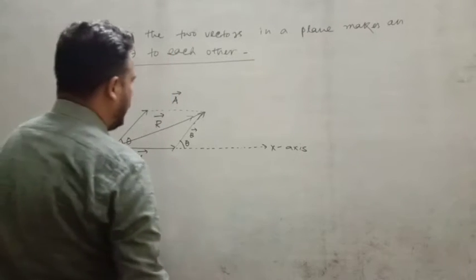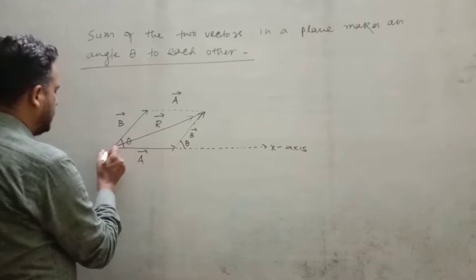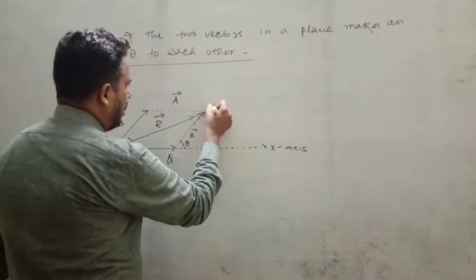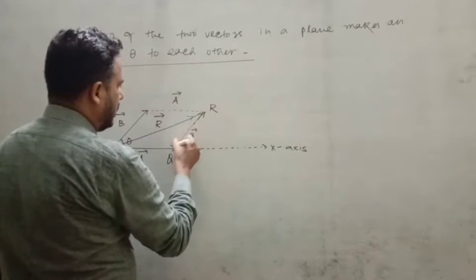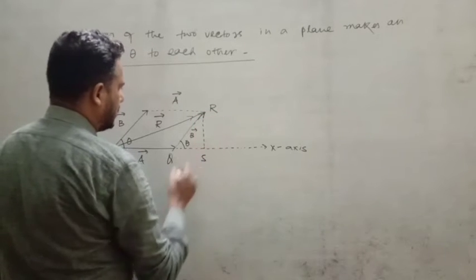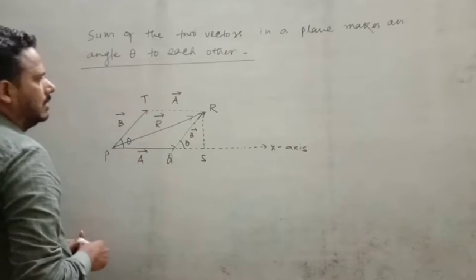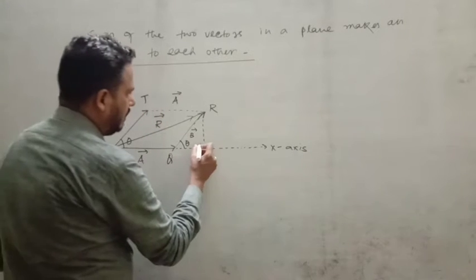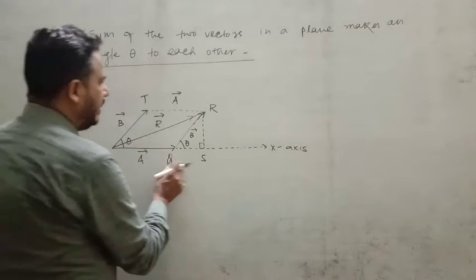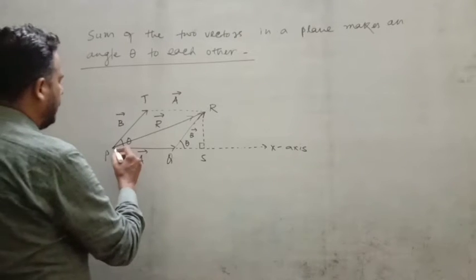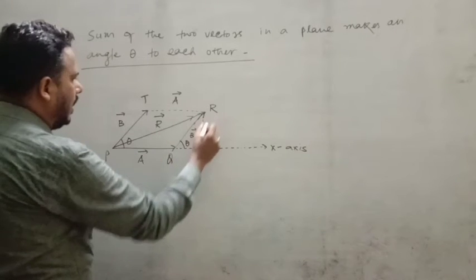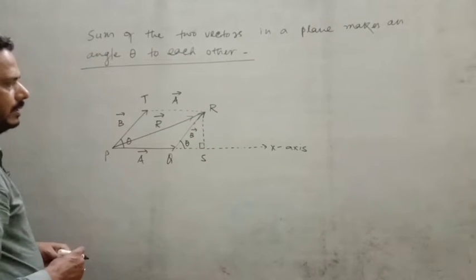Suppose these points are P, Q, R, and you draw its projection, a perpendicular line RS, and suppose this one is T. Now, first of all, you can see that PRS is a right angle triangle.